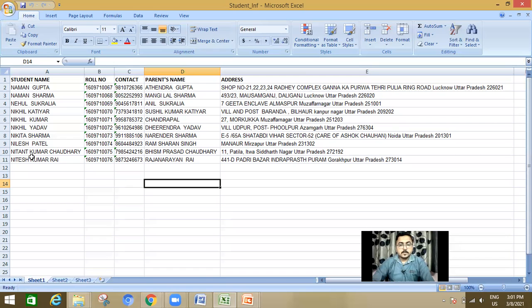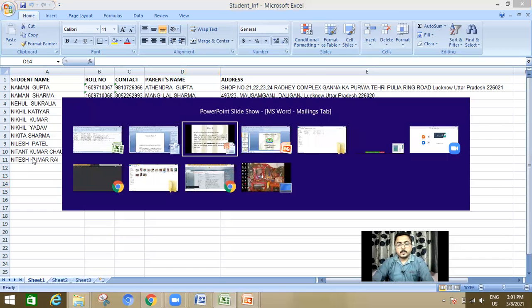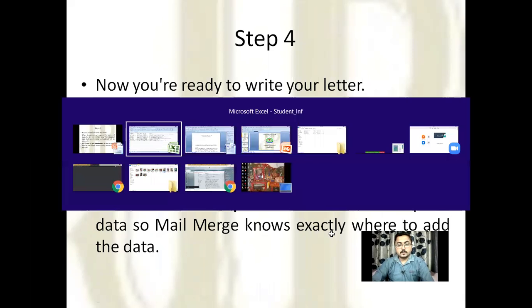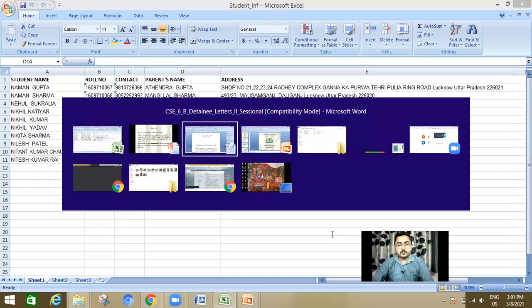Write once and send that letter to many recipients. Okay? You will need to add placeholders for the recipient data so mail merge knows exactly where to add the data. So what is a placeholder? I'm going to give you an example.